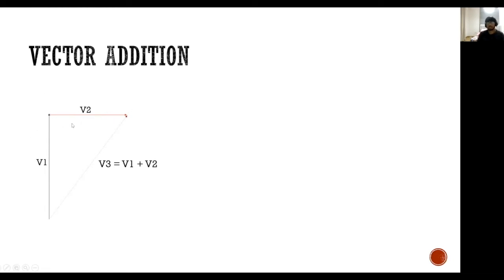Not exactly, but let's just assume that it's half the magnitude of v1. So v3 would be equal to the magnitude of v1, which is a, plus half a, because that's the magnitude of v2. What we end up with is 1.5a. That's, in simple terms, vector addition.